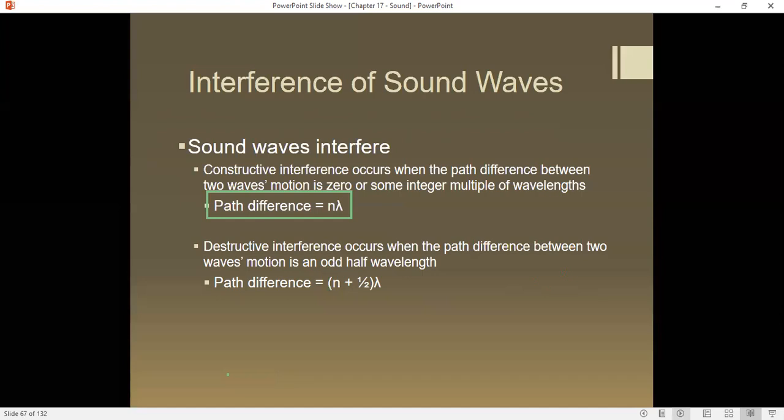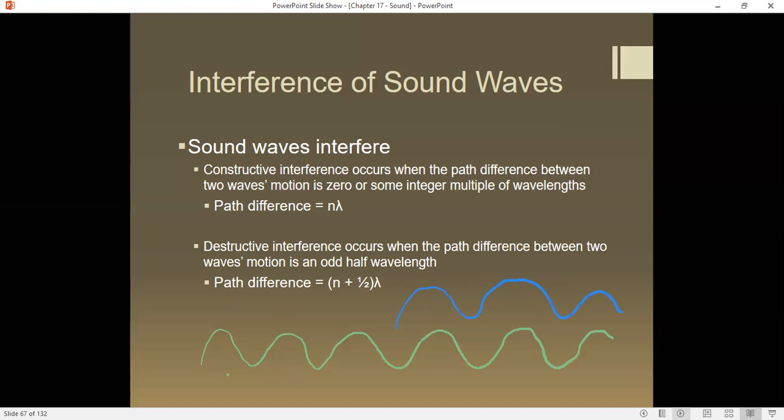Now, the reason why this happens is even if one wave travels slightly further than another wave. Here's a green wave. Let's say I have a blue wave that doesn't have to travel quite as far, but it traveled some integer number of wavelengths different.